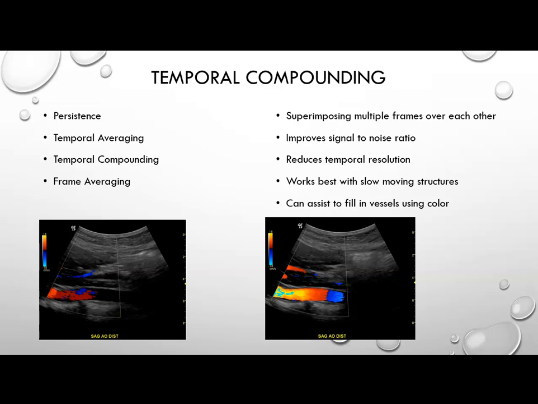If you wanted to reduce it to a fourth of what it initially was, you'd have to utilize 16 frames averaged together to reduce your noise by a fourth. The reason I'm making sure to point this out to you is that temporal compounding requires a significant amount of time to get a small improvement in signal to noise ratio.